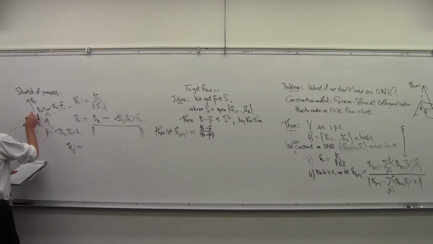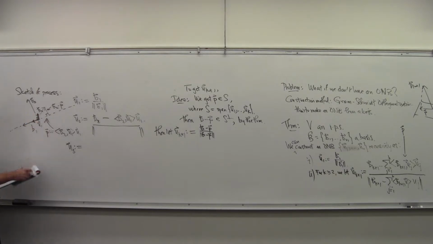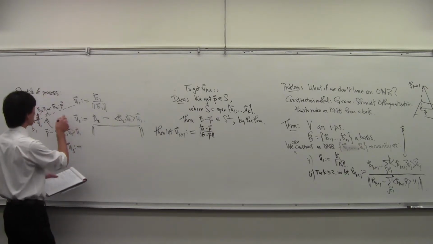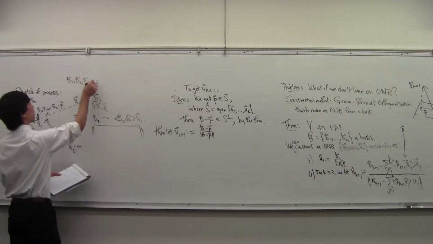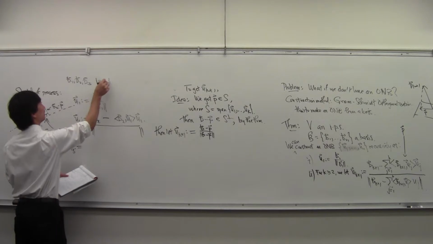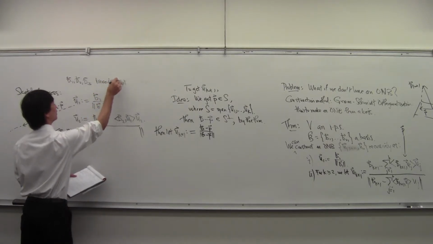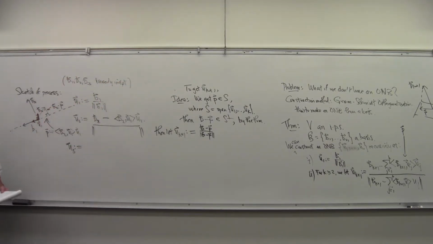is something perpendicular to U1. And now I want my U3. Well, I'm going to take my B3, and these guys are a basis, so B1, B2, B3 are linearly independent, because they're a basis.